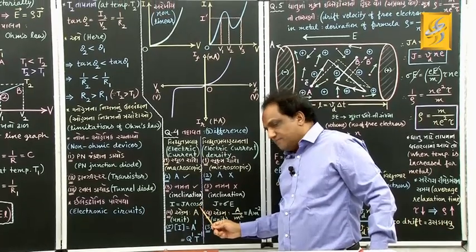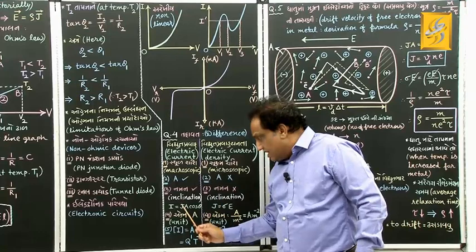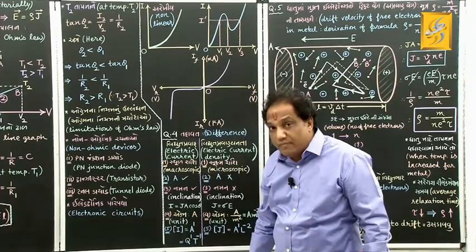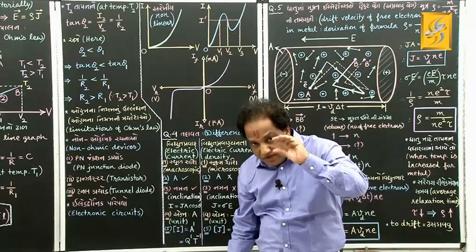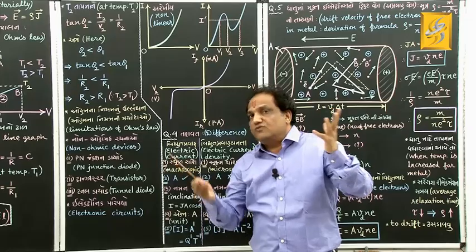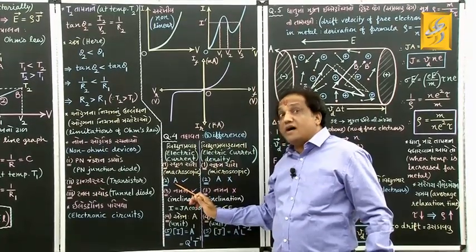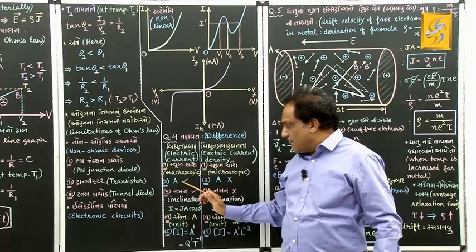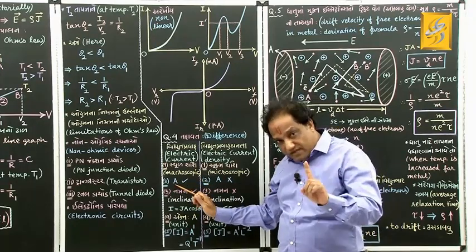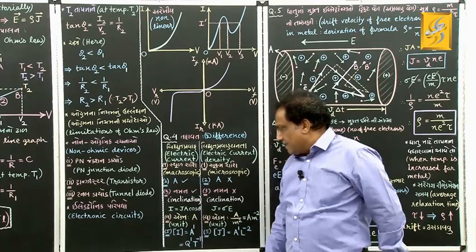So cos 0 is 1. So I equals J into A, but J is constant, then I is proportional to A. If you consider a smaller face, you will get smaller current. If you consider a larger face, you will get larger current. So current depends on the area of the face. So I am putting a right mark, correct? Current passing through a face in that condition depends on its area.